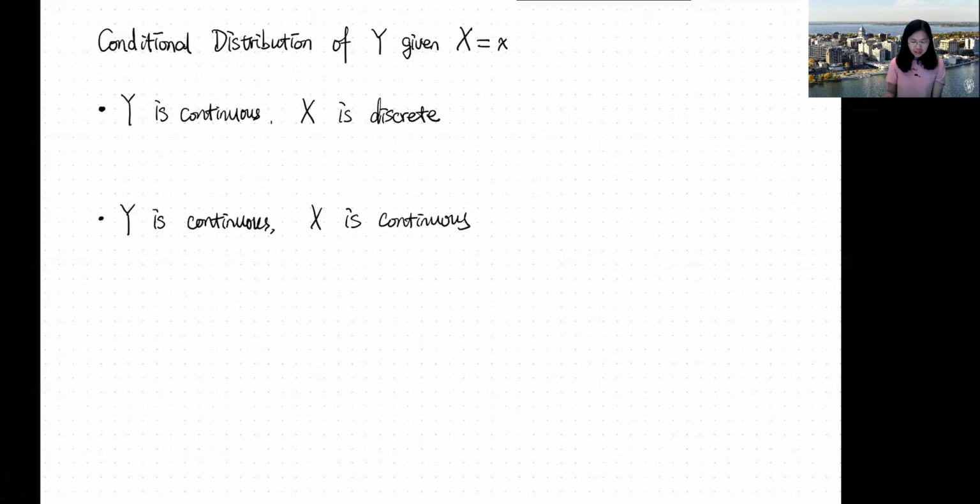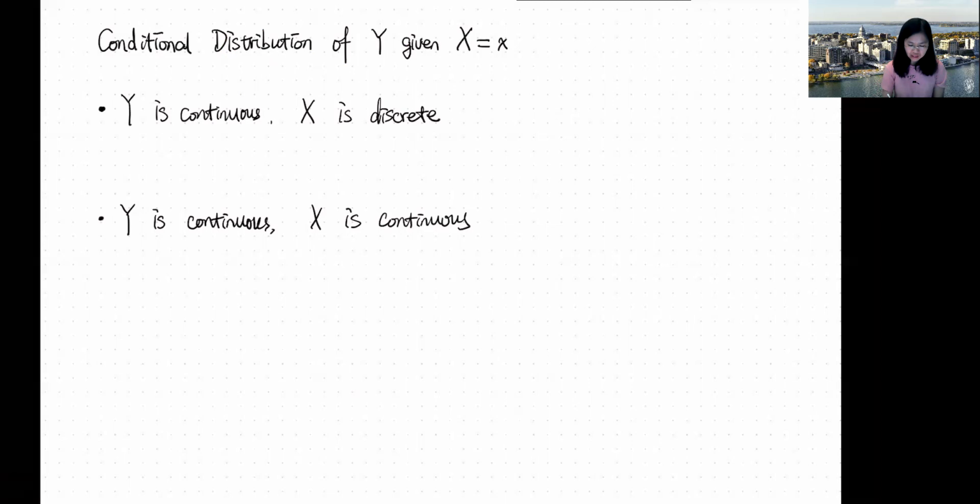In the discrete case, the conditional distribution of Y given X equals little x can be derived very easily, and follows directly from the conditional probability formula.